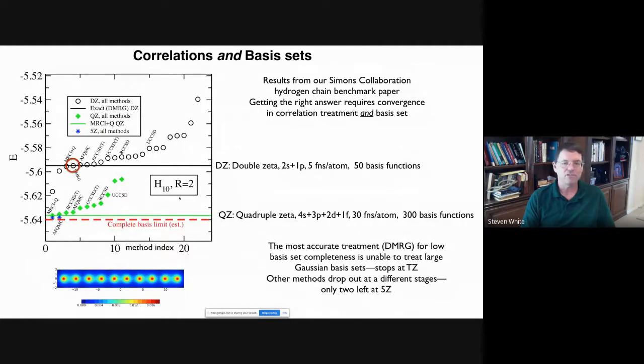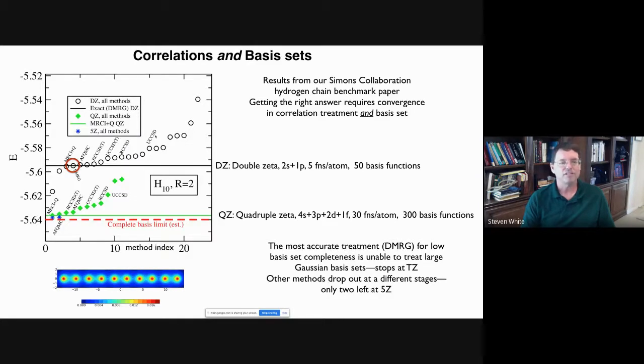The quadruple zeta has about 300 basis functions. A number of the methods have dropped out, including the DMRG, just because the calculation is too big. And then you're still not completely there to where you want to be. If you go to 5 zeta, then there's only 2 methods left. And then you can try to extrapolate, and this is the estimate of the complete basis set limit.